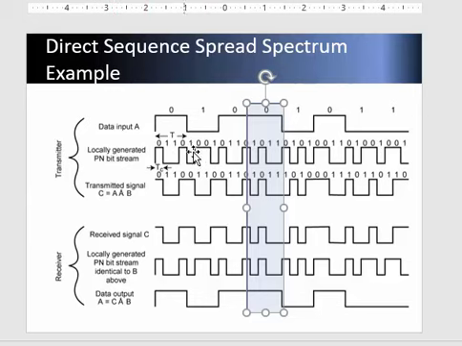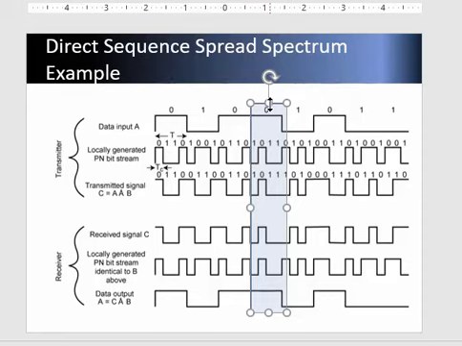We call that the chip sequence, the chipping sequence, and the data has the exclusive OR operator applied. Therefore, the data will be like this: 0, 1, 1, 0.